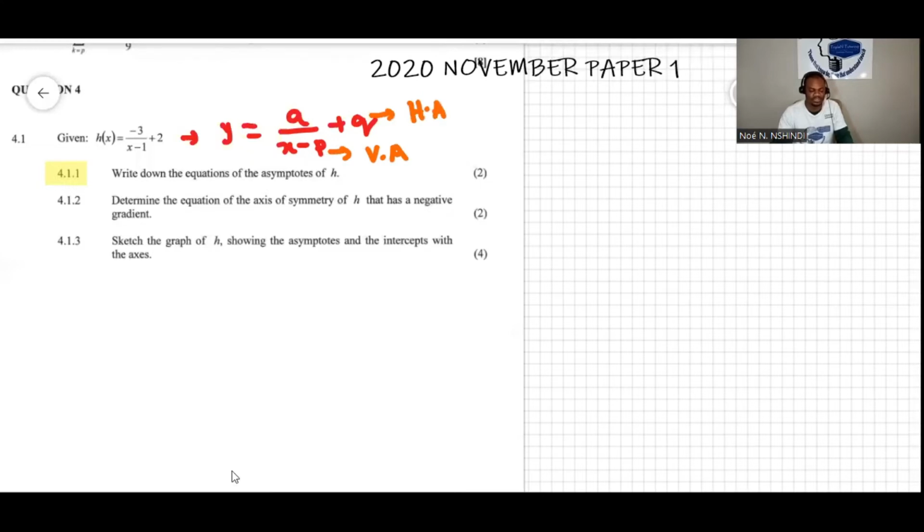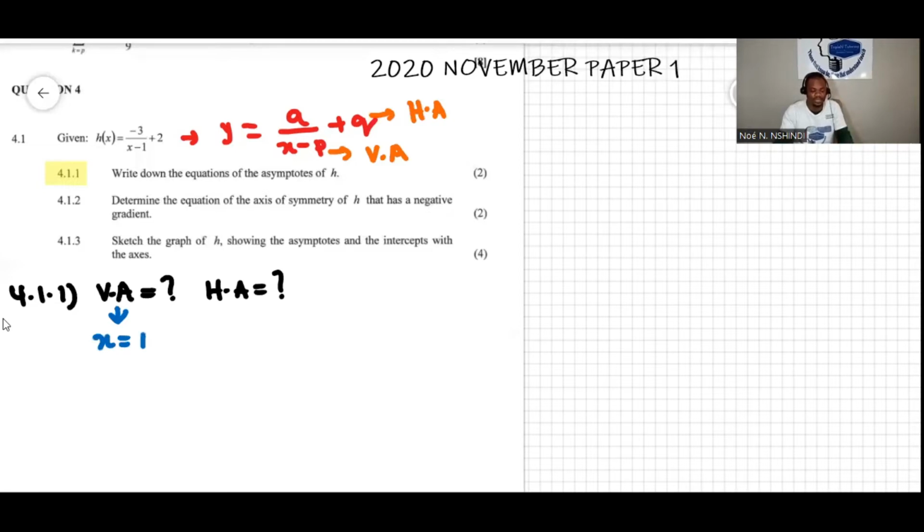So in this situation, question 4.1.1, looking for the vertical asymptote and the horizontal asymptote of this function h. Therefore, the vertical asymptote, which is the x value, is just 1, not -1, but 1.